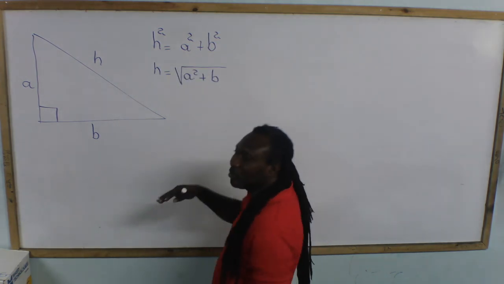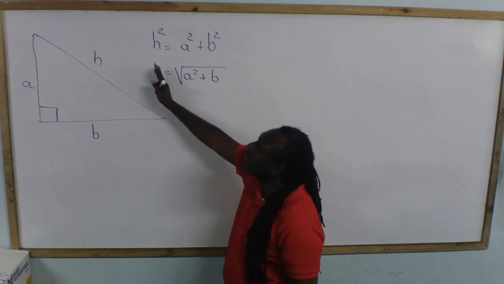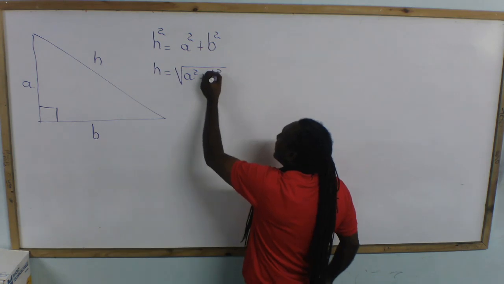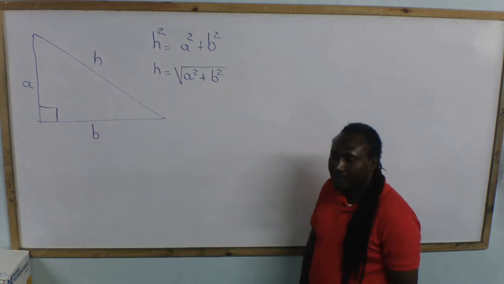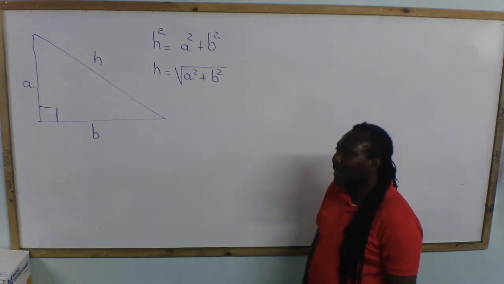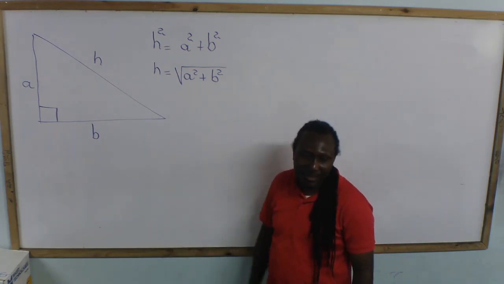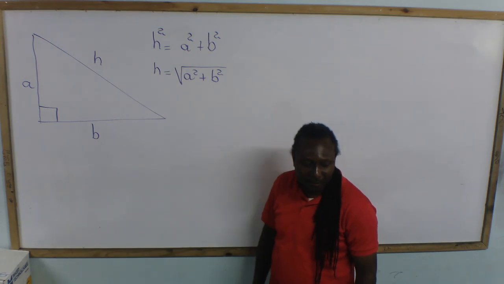Then the square will be eliminated from this side, and we'll have the square root of a squared plus b squared. And it's as simple as making substitution into this expression.